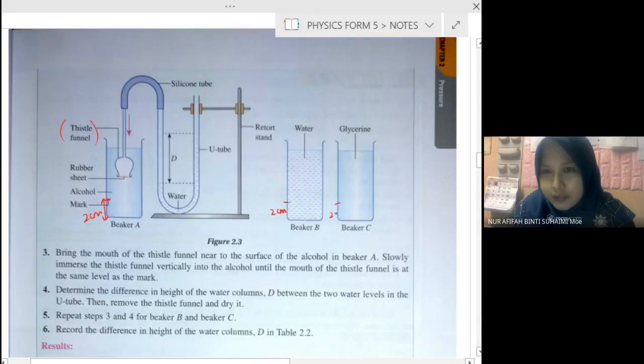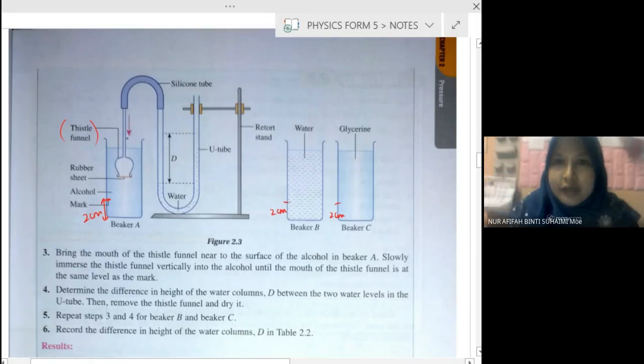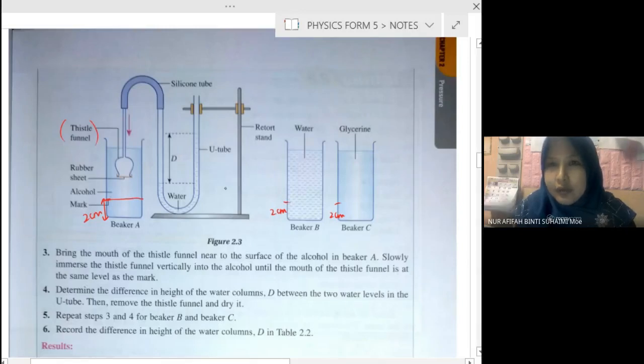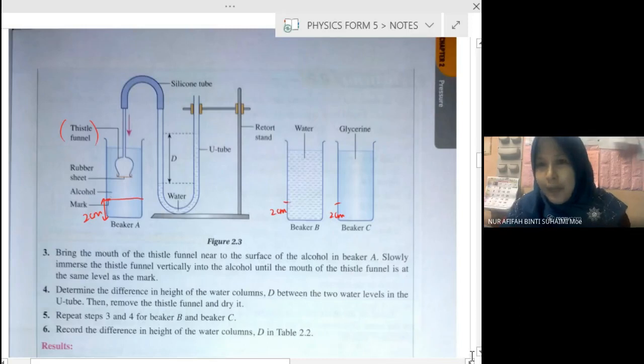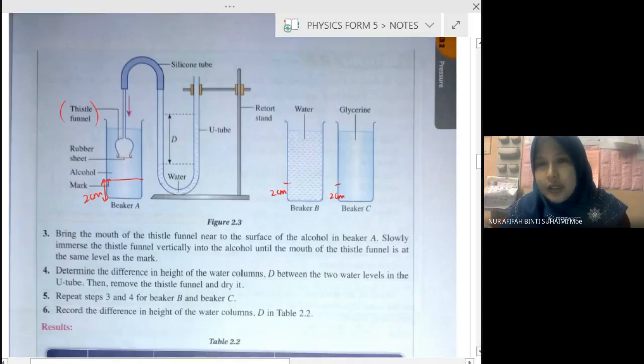Mark dengan masking tape. Okay, and then after that we immerse the thistle funnel into the water sampai dekat mark yang kita buat. And then we observe the D for each different liquid. Okay. So dekat sini constant dia height, yang kita nak measure pressure or difference in height D.